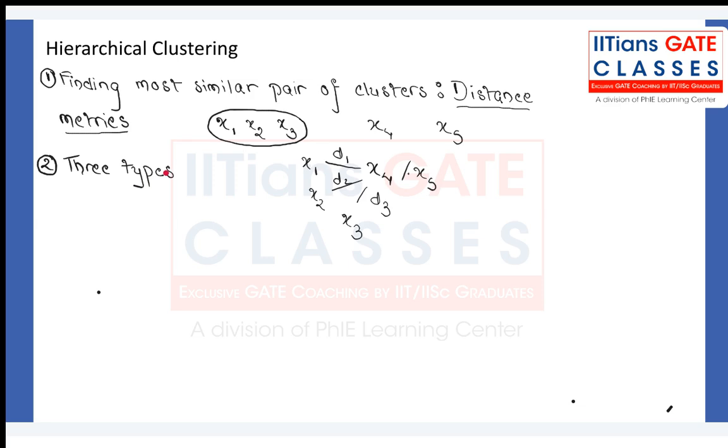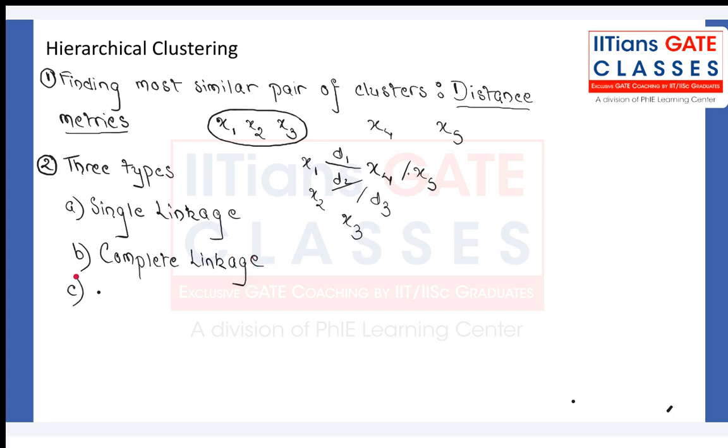One, single linkage. Two, complete linkage. Three, average linkage.